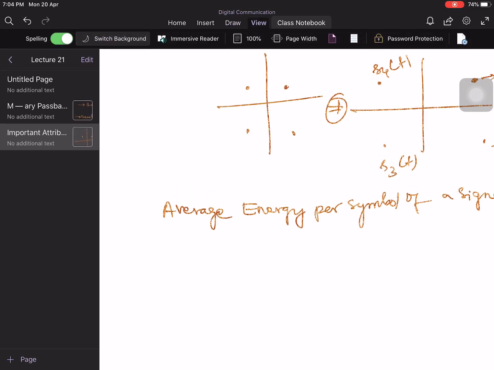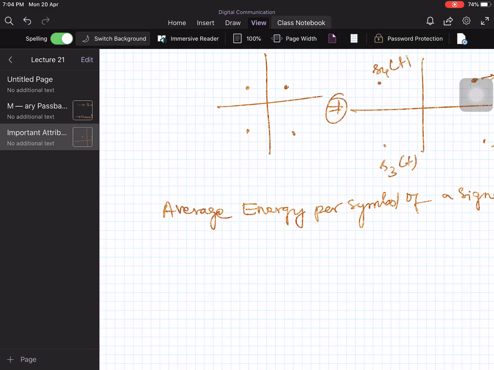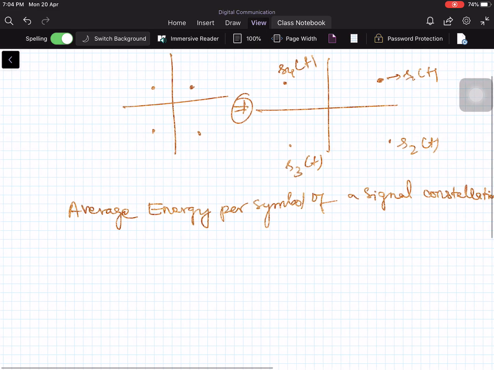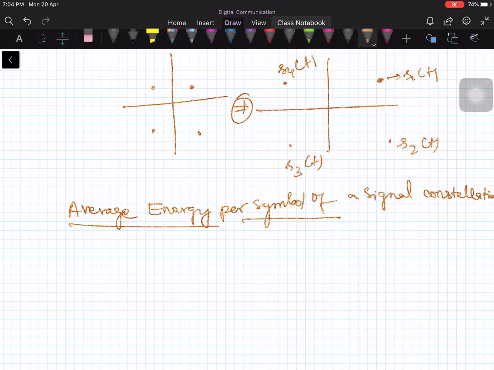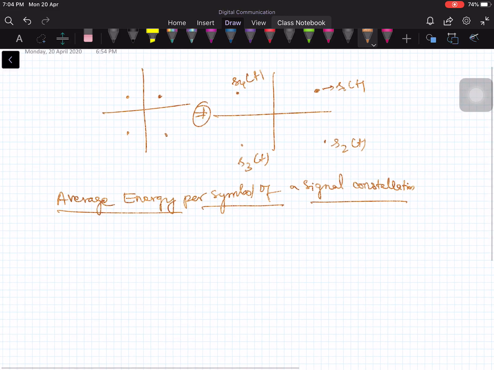View. Yes, grid. This would be much better to write, so that I can write in a straight line. So, average energy per symbol of a signal constellation. Because I couldn't write properly in a straight line, it is better to have a grid.